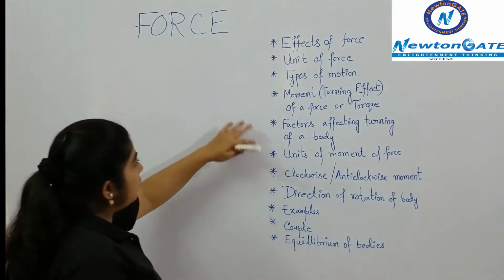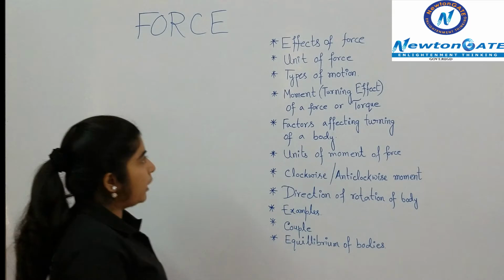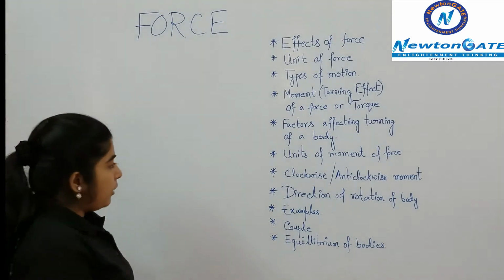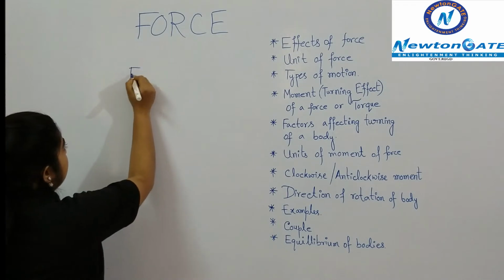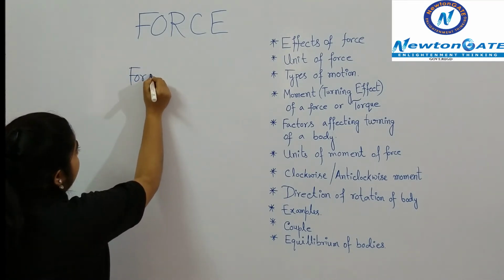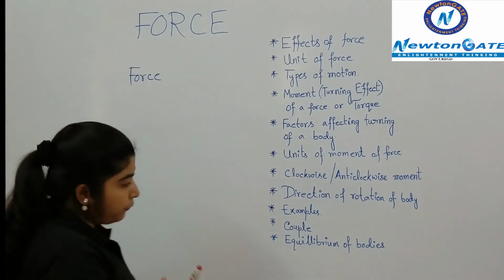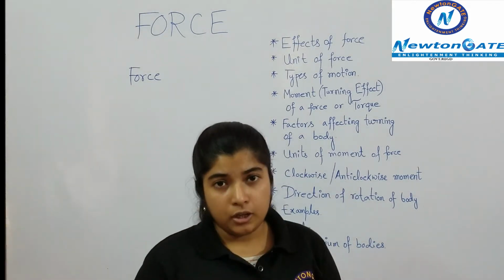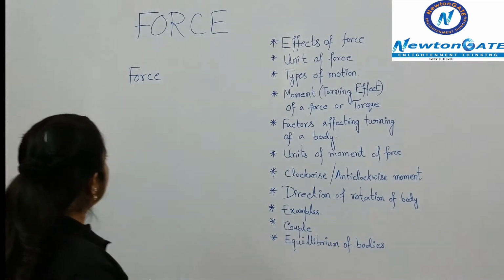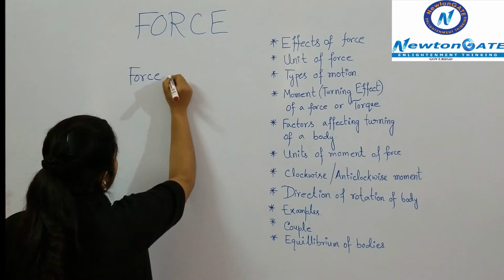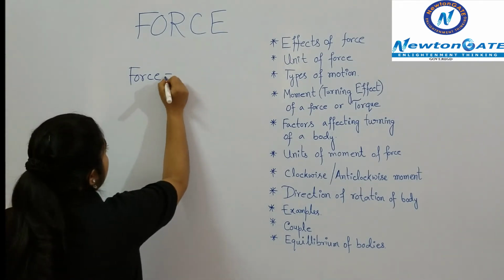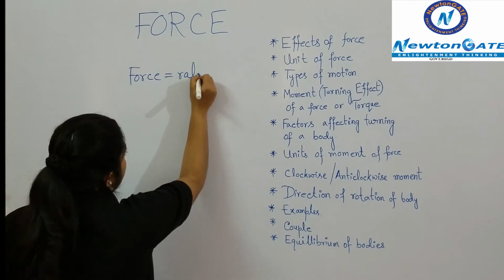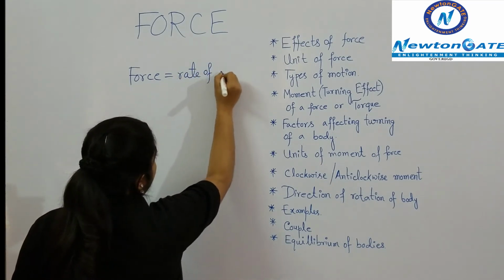So first of all, unit of force. What is the unit of force? First of all, I have already told you that force is an effort in the form of push or pull. But force is the rate of change of linear momentum. Okay, that we know. Force is the rate of change of linear momentum.